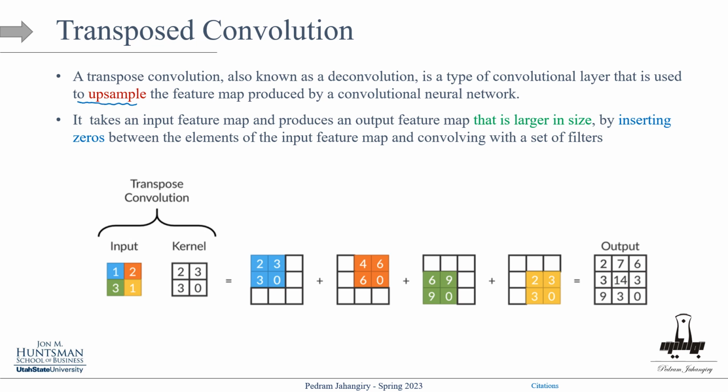So the idea is that, let's say whatever the input is, this can be your feature map coming from previous conv layers. Let's say it's a 2x2 thing and you want to increase the size to 3x3, right? Later in the course, we will see why we are interested in doing things like this. For example, when we're talking about autoencoders, this is the original image. Let's say it has 256 by 256 size.